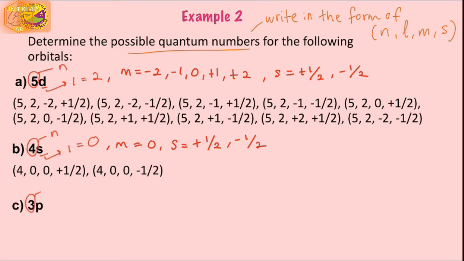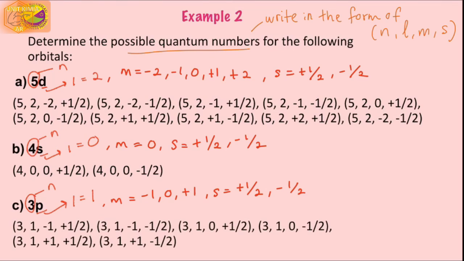The value of n is 3 and the value of l is 1. Hence, the values of m are -1, 0 or +1, while the values of s are +half or -half. Thus, we will have 6 possible combinations of quantum numbers.